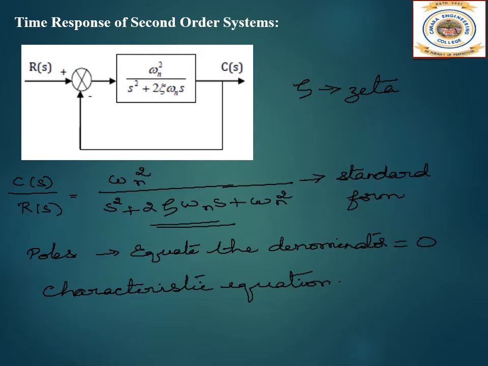So in this case the characteristic equation is s square plus 2 zeta omega n s plus omega n square equal to 0. And these roots I can write as s minus s1 into s minus s2.